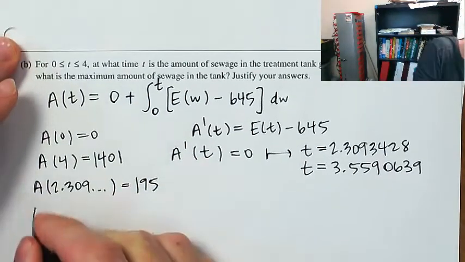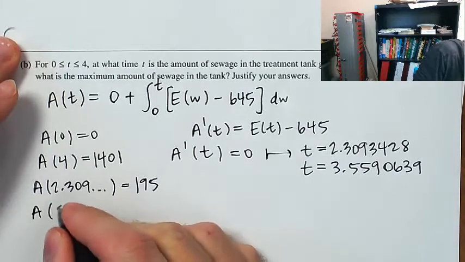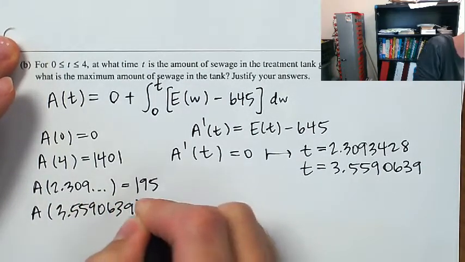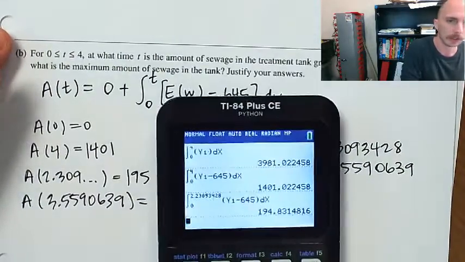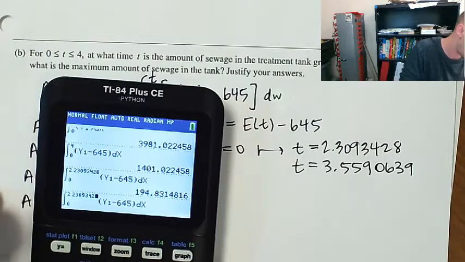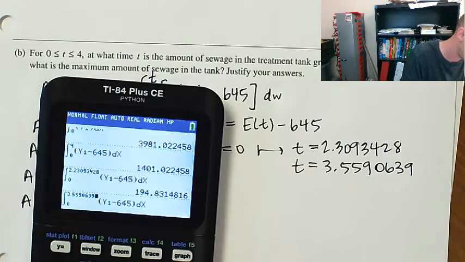Okay, and then I'm going to compute the same thing at time t equals 3.5590639, and that's going to be, let's see, okay, enter that again. Yeah, that'll be 3.5590639.